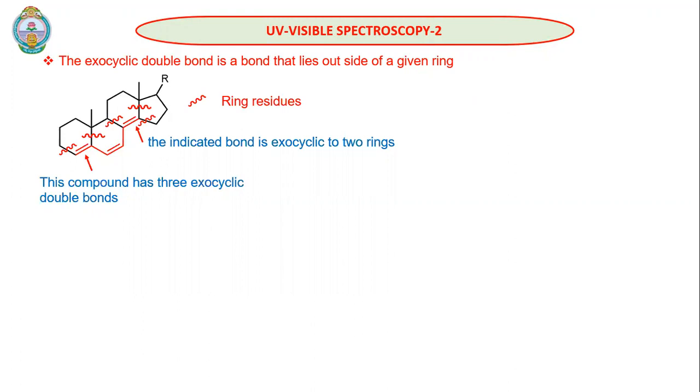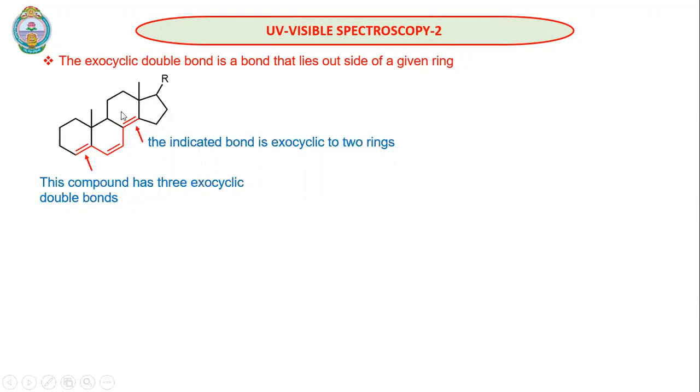Now we will see what are ring residues. The alkyl substituents, if they are part of a ring, then they are called ring residues. Now I have given the red color up to 3 bonds. Now the parent becomes diene. At the same time, the double bonds which are in conjugation can also be represented as parent.